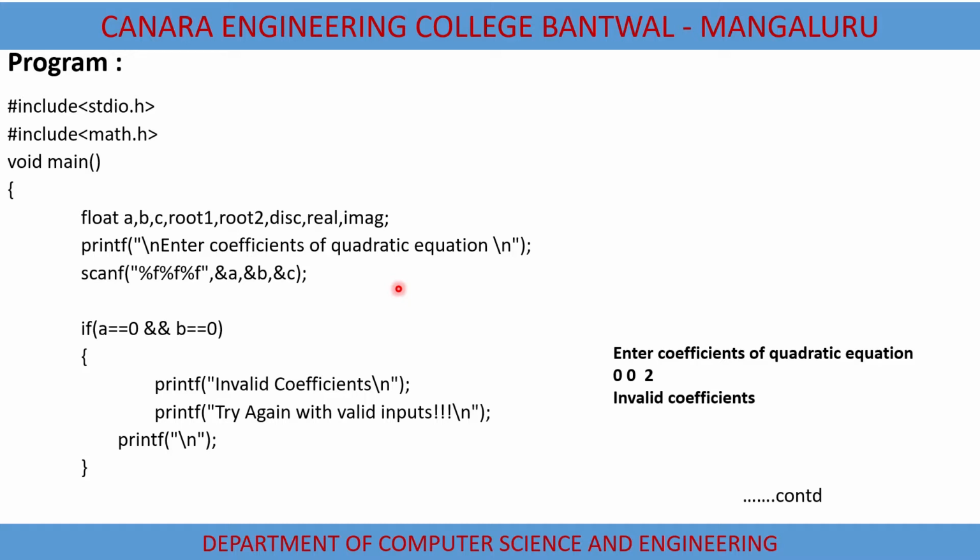Once we read, we are going to check whether A is equal to 0 and whether B is equal to 0. If both are zeros, then we are going to print a message as invalid coefficients. At the same time, we are giving one more message, try again with valid inputs, and we are going to end the process by giving a new line. So that will go to the end of the program.